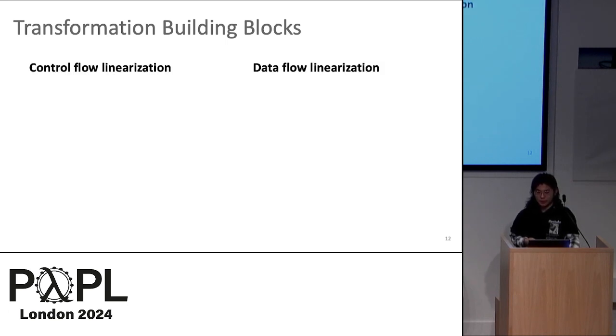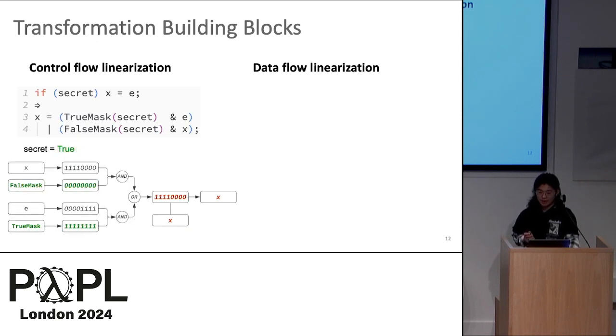The most important building block for control flow linearization is using bitwise AND and bitwise OR to select between two values, X or Y in this example, depending on a secret, without using branches, so that we can use this building block to merge two arbitrary execution paths into one. I have to skip how this bitwise trick works due to time limitation, but this is basically how CMOV instructions work at a source code level.